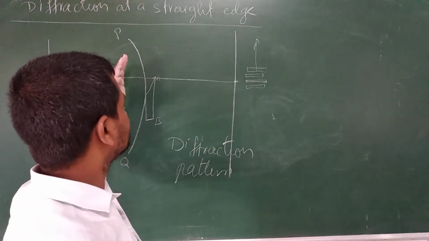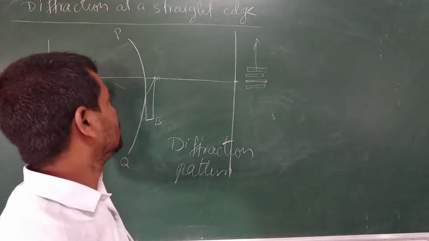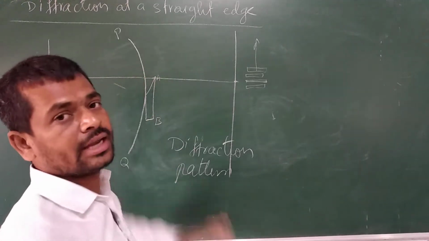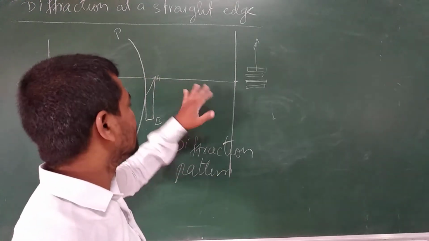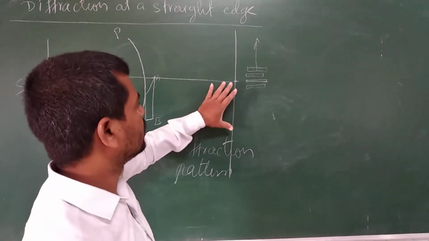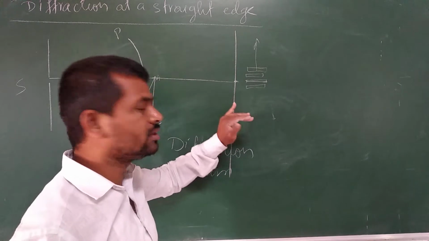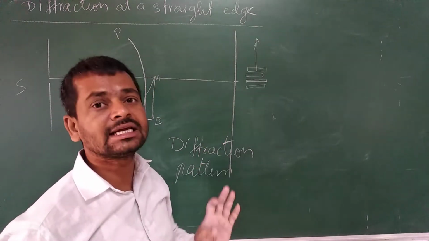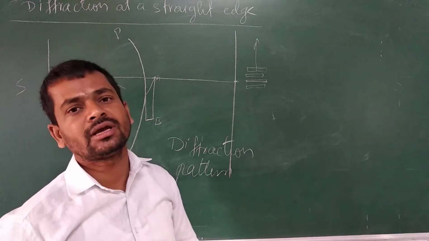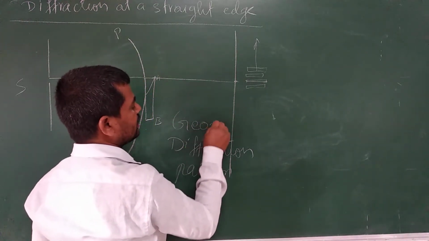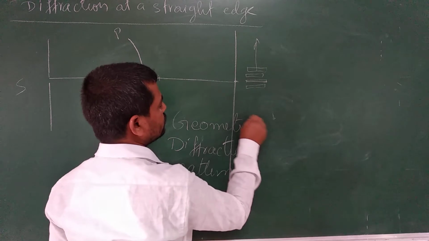Because light coming from the slit is mostly obstructed by the edge. So that side, from this point downward, should appear completely dark. The dark region is called the geometrical shadow.